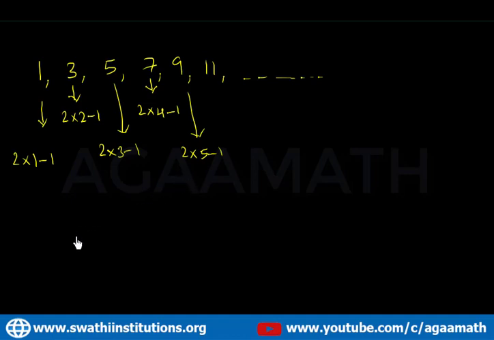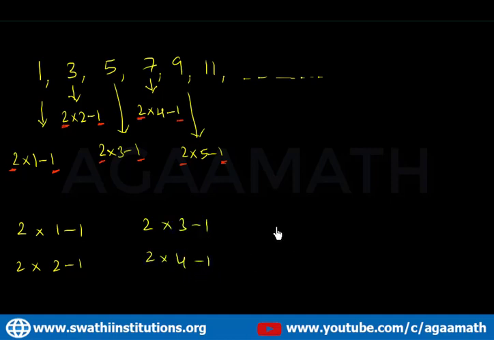What is fixed in this? The 2 and the 1 are fixed. You have different values in each pattern. Once again I list them: 2 times 1 minus 1, 2 times 2 minus 1, 2 times 3 minus 1, 2 times 4 minus 1, 2 times 5 minus 1.